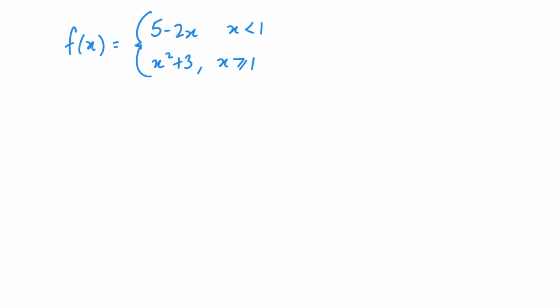Key values or critical values here would be when x equals 1. If I'm looking at this top one, 5 minus 2x, and I look at what happens when x is 1: 5 minus 2, so that's 3. It's a critical value.